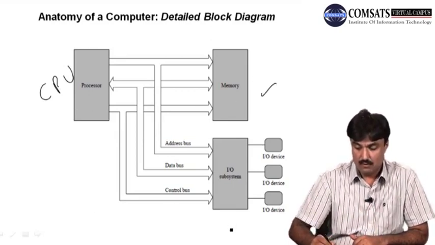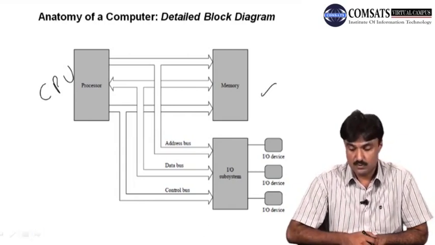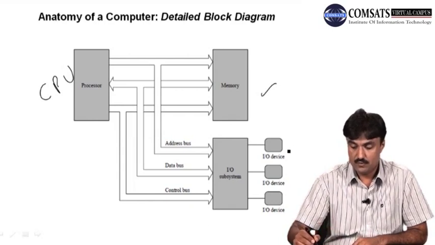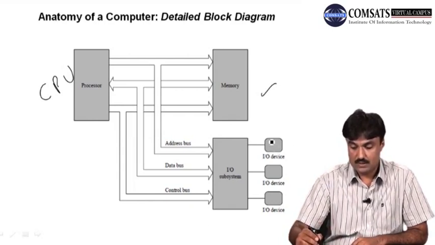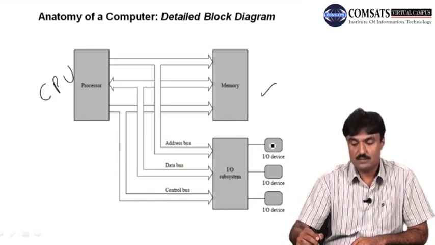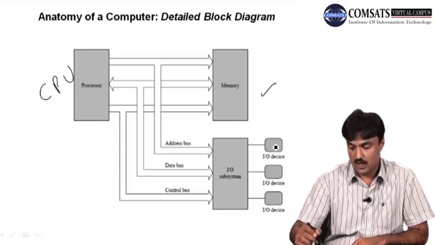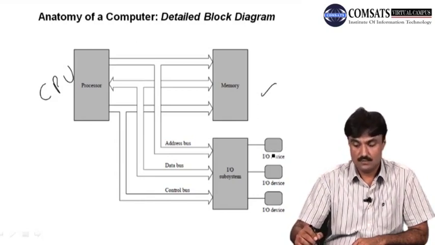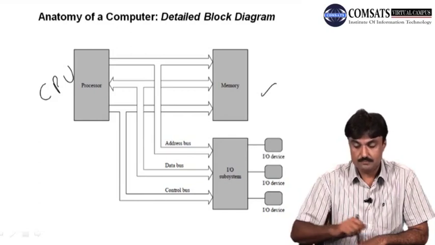We have one component called the IO subsystem, or input output subsystem, and we have input devices and output devices, so we call them IO devices. We combine those 2 components, input devices and output devices, into one box to show the data flow between them.